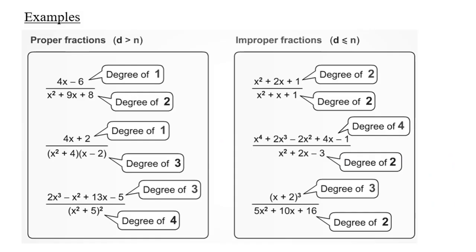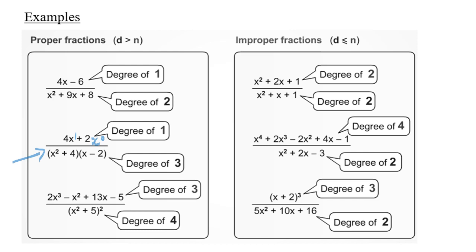Let's look at some examples of proper and improper fractions. I think it's quite clear from the examples on the screen, but I'm just going to pick one to explain. Let's look at proper fraction example 2. 4x means 4x to the power of 1, and 2 can be written as 2 times x to the power of 0, because x to the power of 0 is 1.